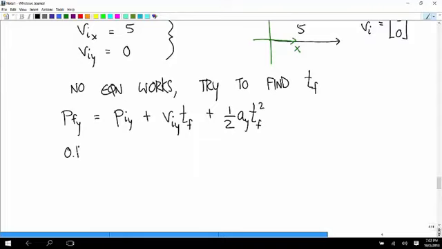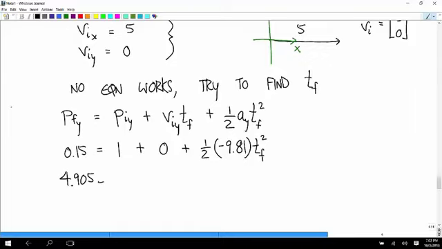So 0.15 is equal to 1 plus 0 plus 1/2 times negative 9.81 times TF squared. And so we have positive 4.905 TF squared is equal to 0.85.